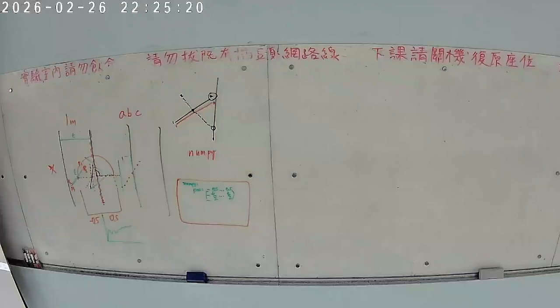NumPy random generates floating point numbers from 0 to 1. And then what is X again?